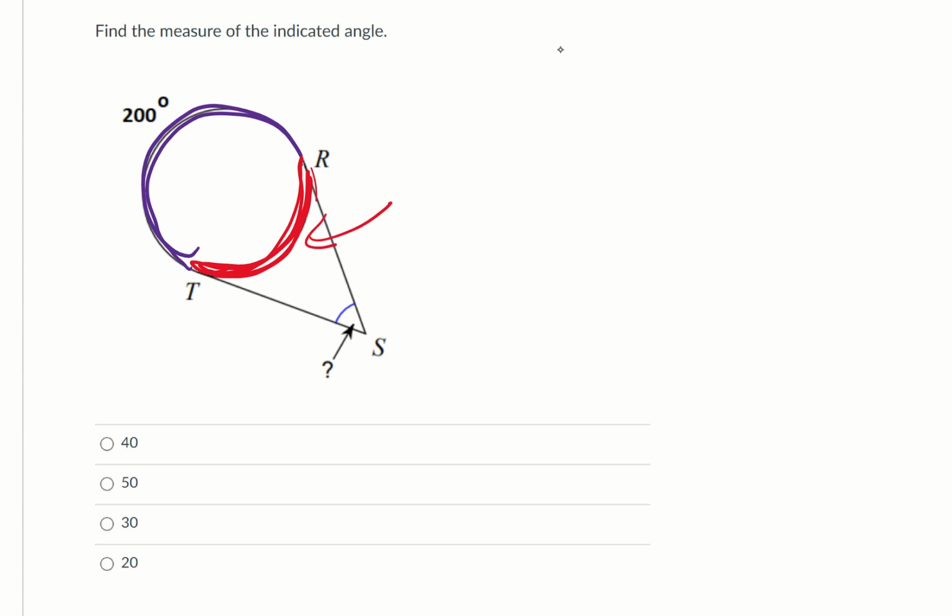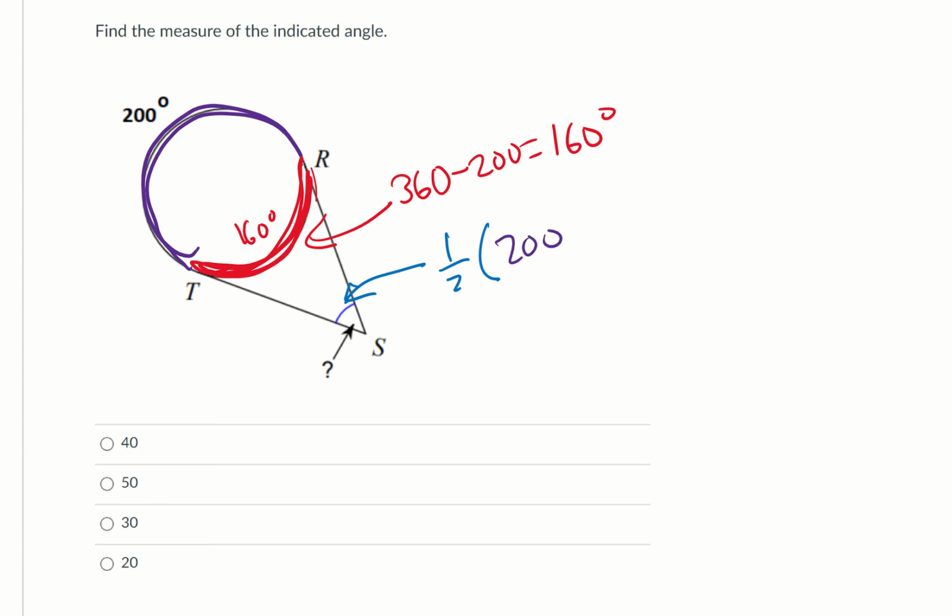So this has to be the difference between the full circle and the 200, which is 160. So now we know that this is 160 degrees. And we can proceed to take half the difference between those two to get this angle. So this angle is half the difference between the purple and the red. So it's half of 40, which is 20.